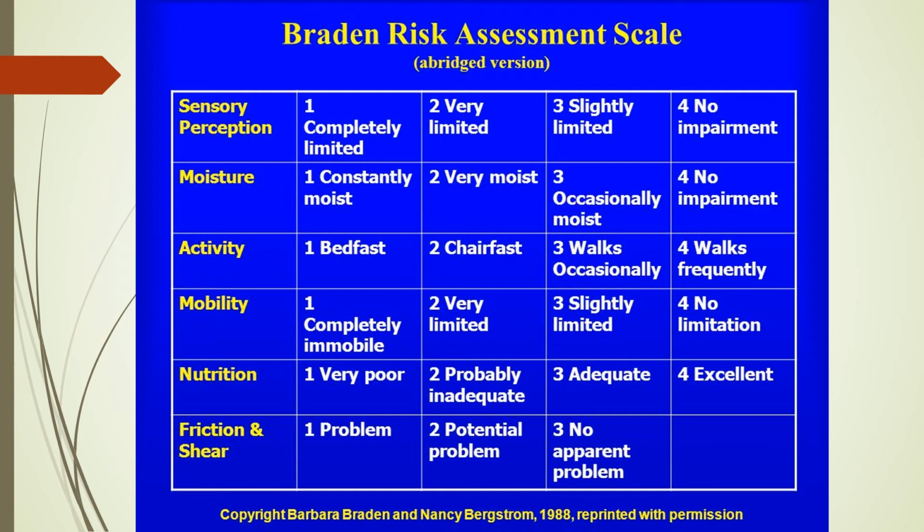Nutrition, adequate, very poor, or excellent? Friction and shear, is there a problem? Meaning when they're able to move up and down in the bed, do they already have a stage 1 bed sore? So the Braden risk assessment is used to assess the patient's risk for bed sores and pressure ulcers. Sorry, guys.